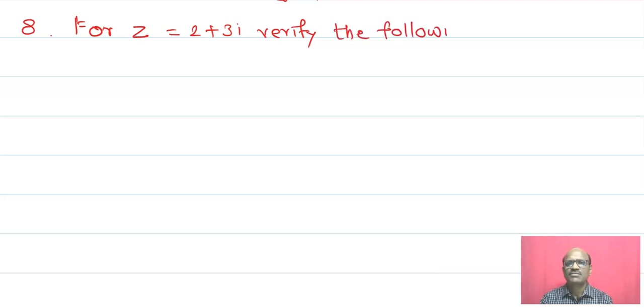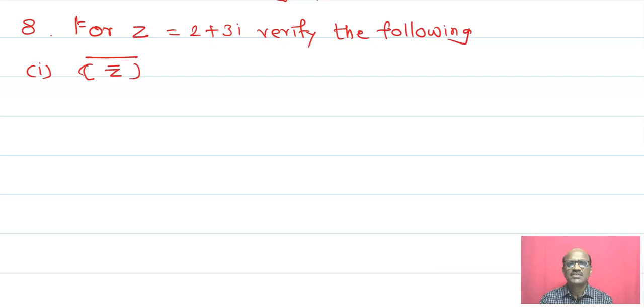Now question number 8, it's a very simple question. For z is equal to 2 plus 3i, the basic properties of the complex number are here, and verify the following properties.